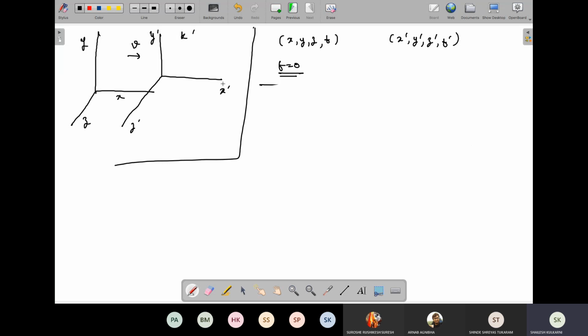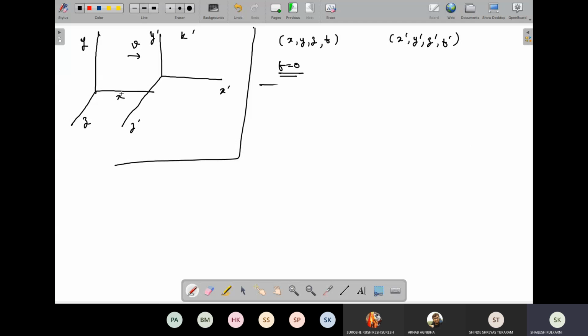If I'm giving velocity in this direction, and I expect y or z to change, then that expectation will lead to giving preference to one of the frames. You use the same logic as before, isotropy and homogeneity. So we expect change to occur only for the x coordinate and t coordinate.